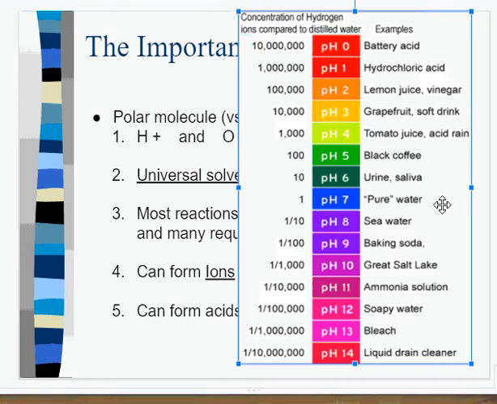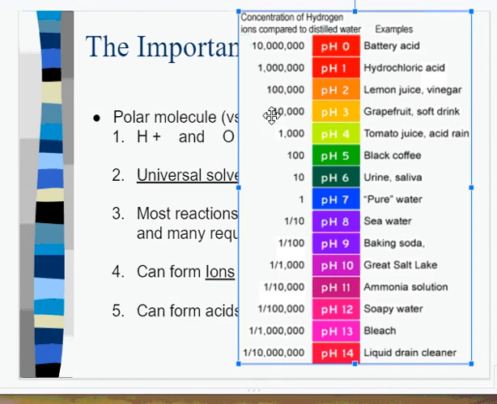It's important that you know that, and it's important that you understand that your body takes advantage of the properties of water to do lots of different things. Like in your stomach, you have hydrochloric acid. That's hydrogen and chlorine that mix in the fluids of your stomach that are able to break down materials.